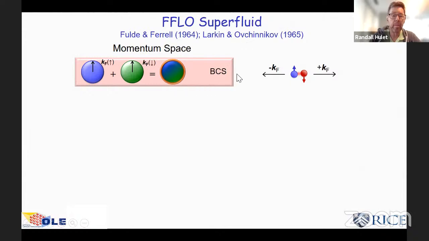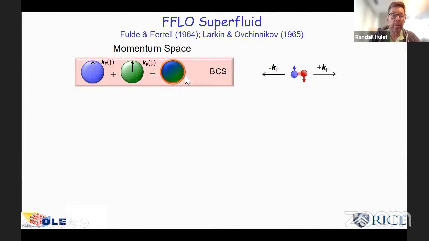So again, in the normal BCS system, there are two Fermi surfaces of the same radius, or diameter, in three dimensions in momentum space, and we have pairing right at the Fermi surface, with some width equal to delta in energy units.